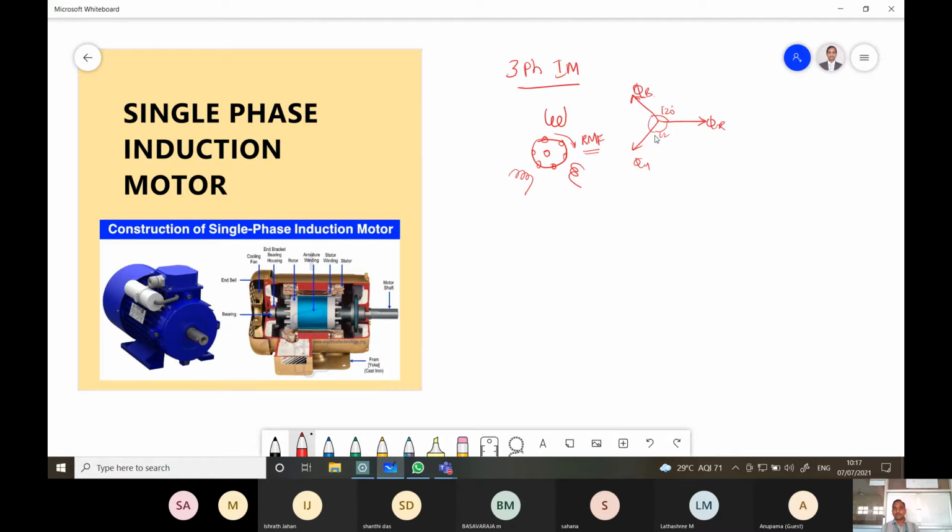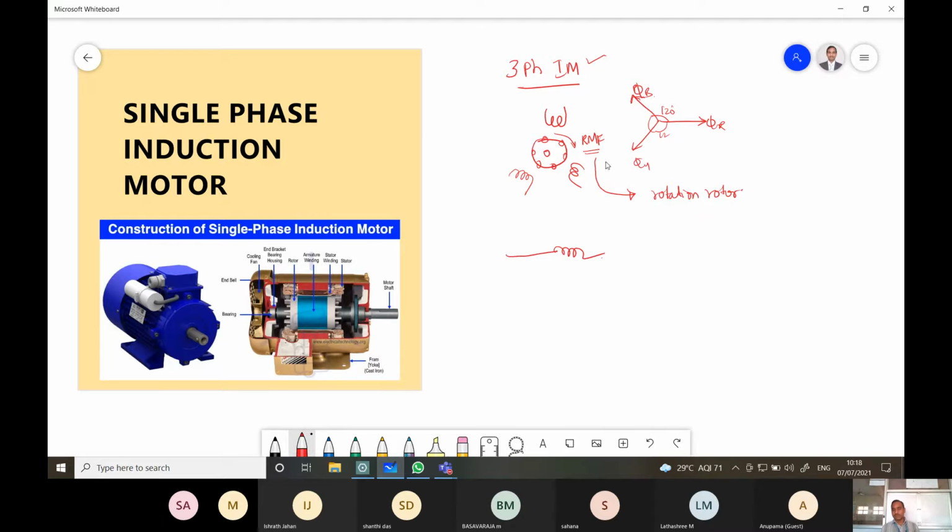In a three phase induction motor, the rotating magnetic field is produced, and this rotating magnetic field is responsible for rotation of the rotor. But in a single phase induction motor we have only one phase, so it consists of one winding.